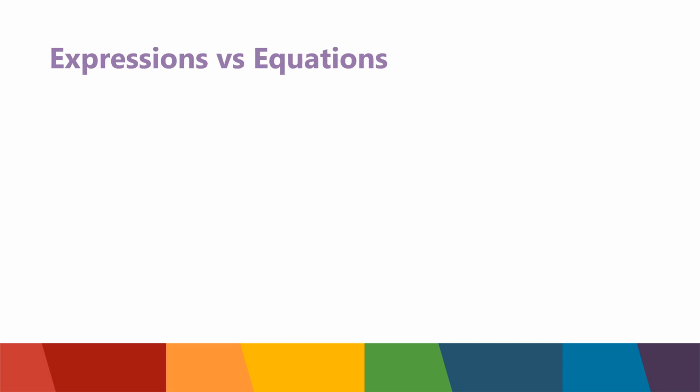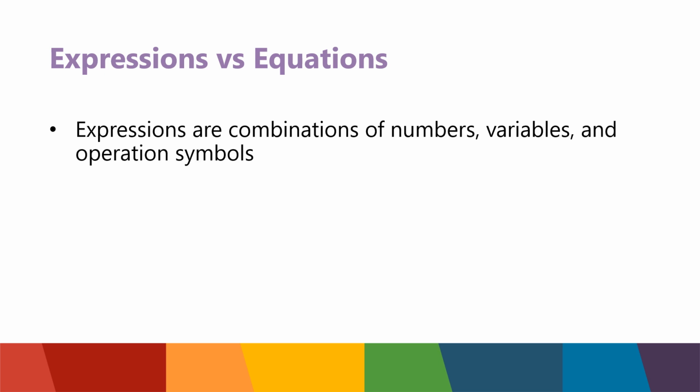All right, so let's talk a little bit more about expressions versus equations. Expressions are combinations of numbers, variables, and operation symbols. We just saw that with the expression 6x plus 2: numbers like 6 and 2, variables like x, and operation symbols like addition.